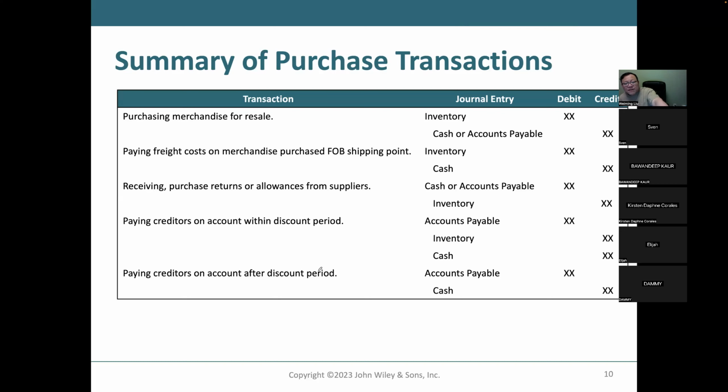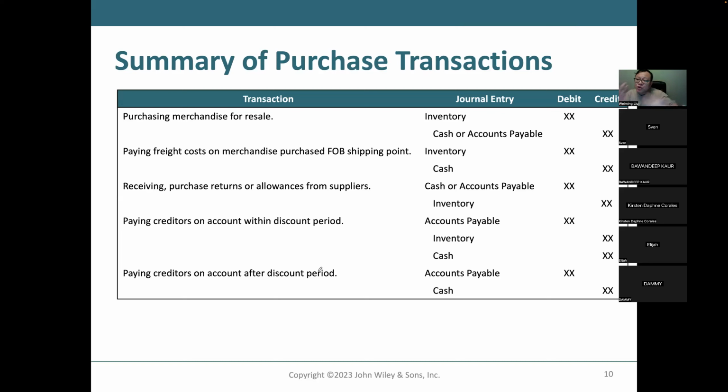And then receiving purchase returns or allowances from suppliers. This is the time you were given the credit for purchase returns or allowances. That will reverse the purchase journal entry, because purchase is this way, return is the opposite way.